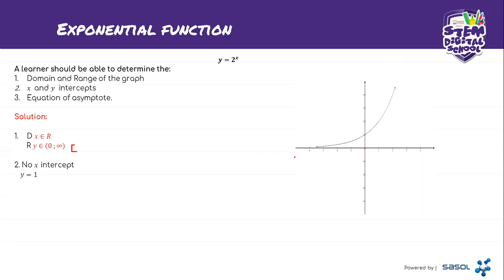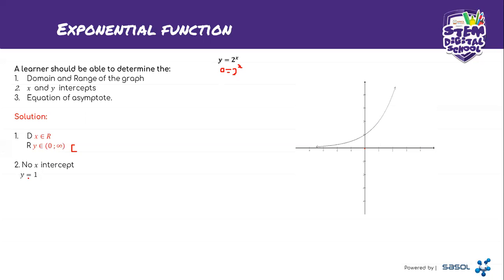Even if you try to determine the x-intercept, remember, when you determine the x-intercept, you have to let y equal 0. Now, if y is 0 and then equals 2 to the power x, can you solve for x? No, you cannot. Because we don't have an x-intercept. So it's not possible to get the x-intercept in this case, okay?